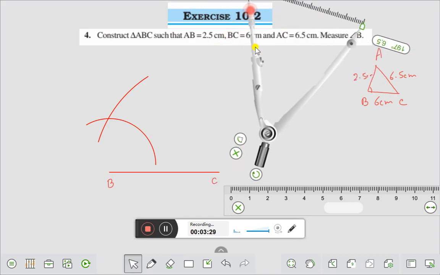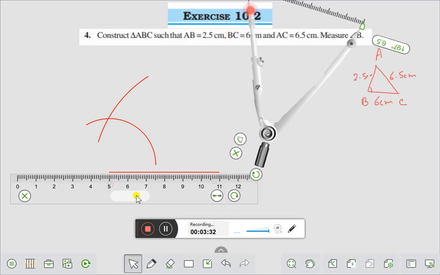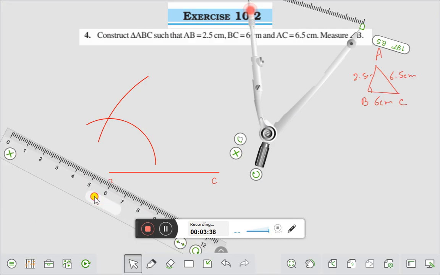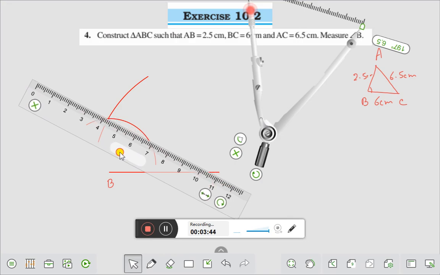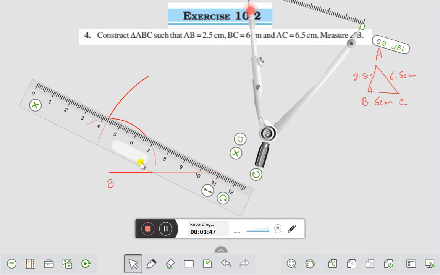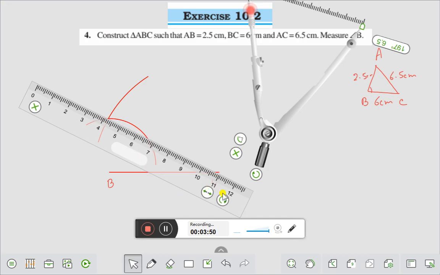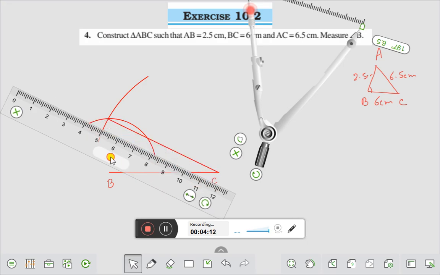Now with the help of the ruler, join this line. Let us join. Also join this line also.